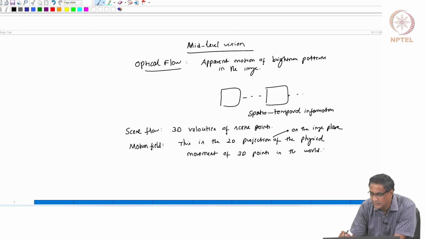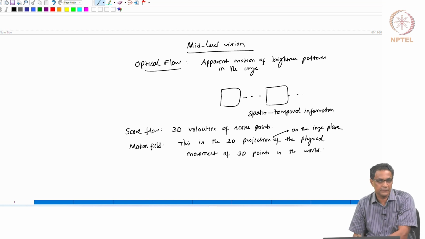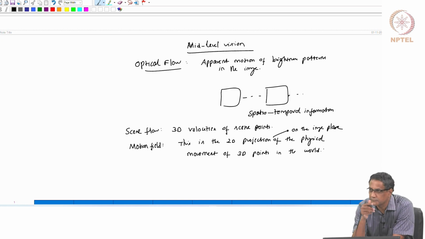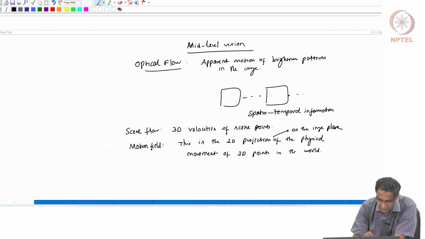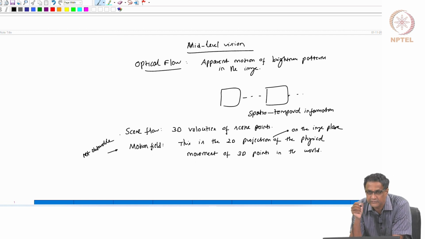Now, unfortunately, this motion field is what we actually want. This is what will tell you which object is moving, in which direction, and where it is going. But the motion field is not observable. We don't observe it in a camera. What we observe is the intensity, the brightness pattern, as it is called.